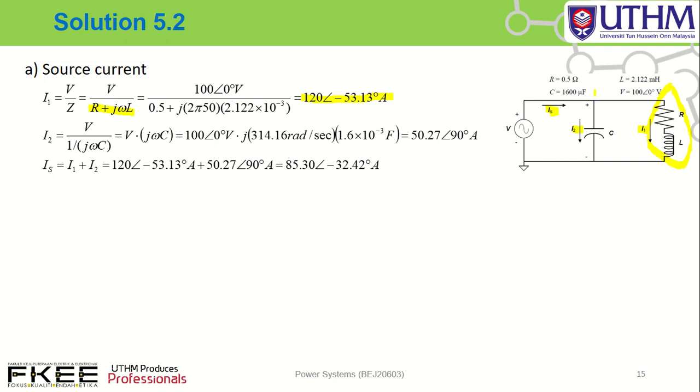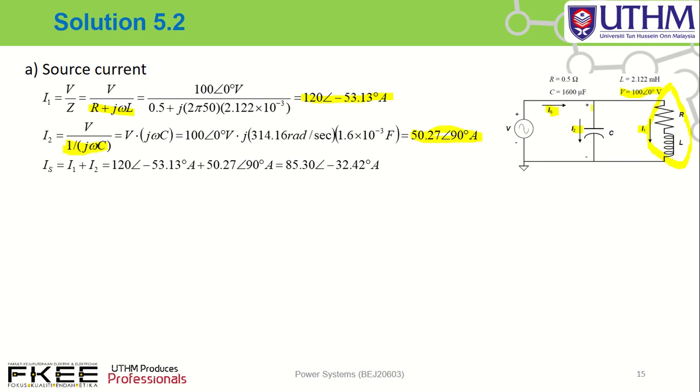How to determine I2? V divided by minus JXC, or V divided by 1 over J omega C. And then by solving this mathematical equation, because the voltage across C equal to this V, because this C is in parallel with R and L, then you can get I2.